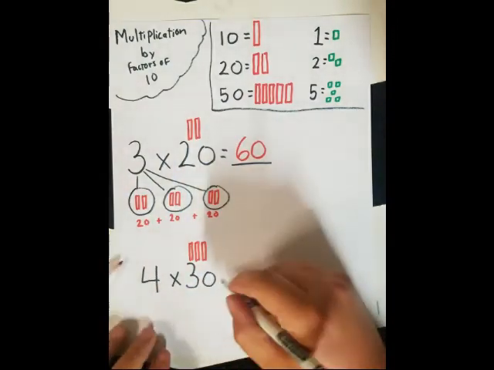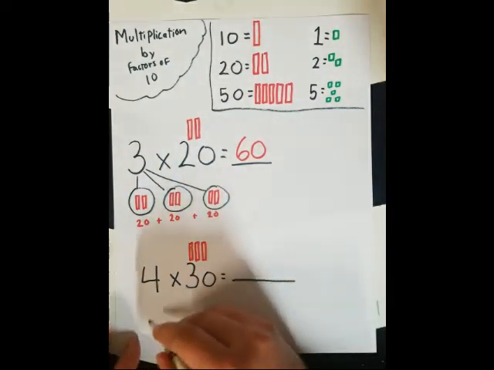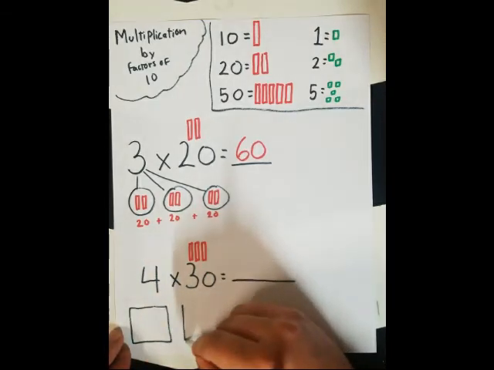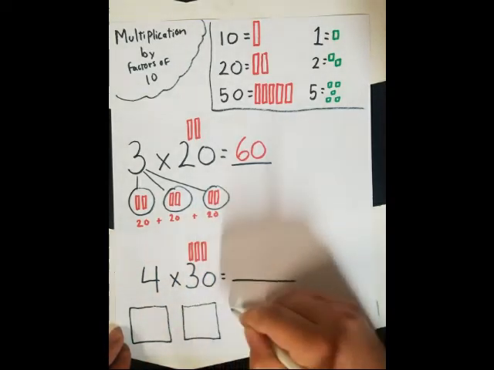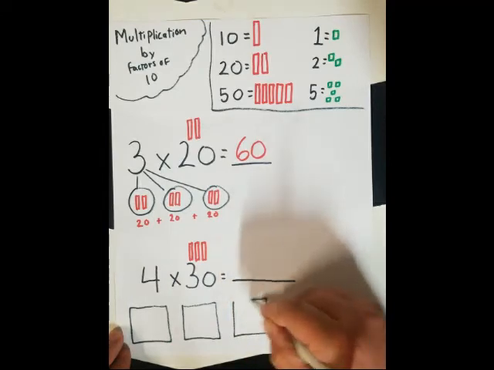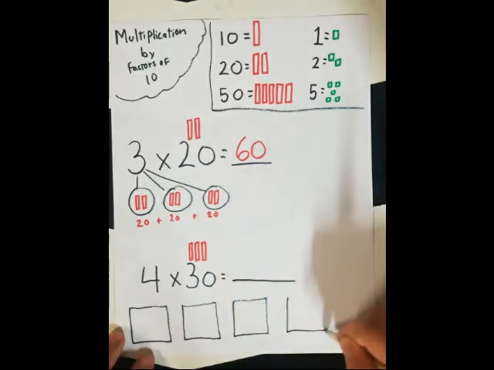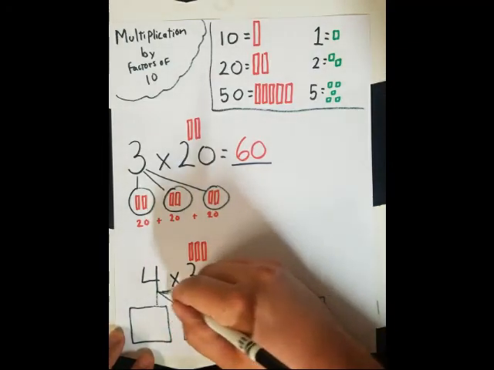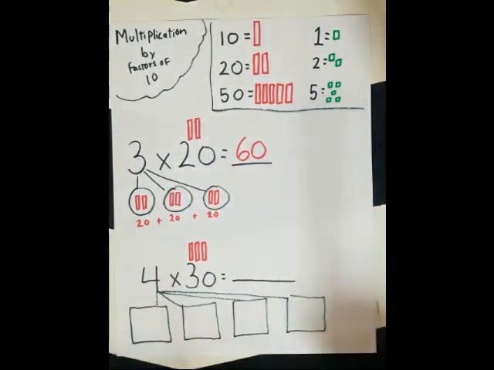What we're going to need to do is draw our 4 groups. I'll draw my groups as squares today, because why not? 1, 2, 3, and 4 groups.